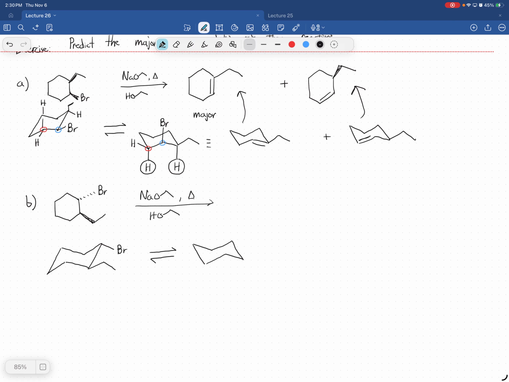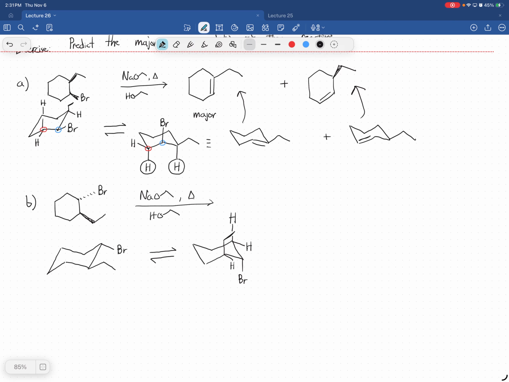All right, so now the bromine is down, so it's going to be in this position because we follow how to draw the chair. And the ethyl group has moved one over, so it's going to be right here. But now we have to draw the hydrogens that are trans to the bromine. So let's draw one over here, and then I'm going to draw the rest of this H. So this is kind of in the back there, okay? And then here's the other possible hydrogen, but this hydrogen is pointing down.